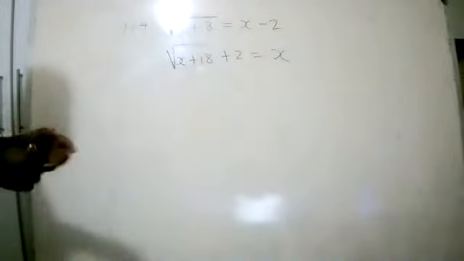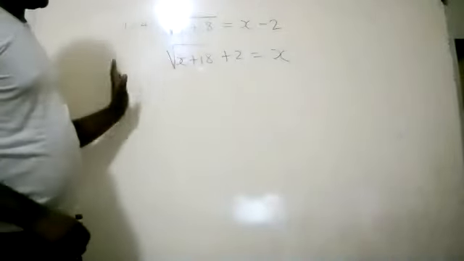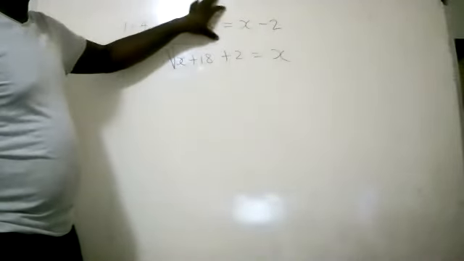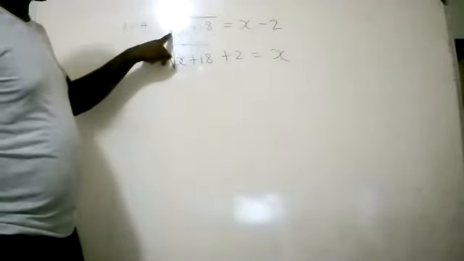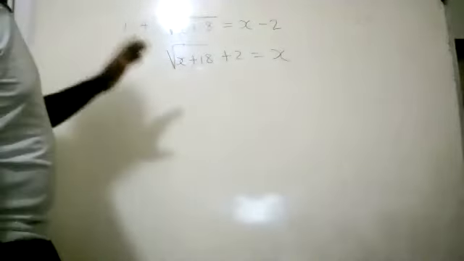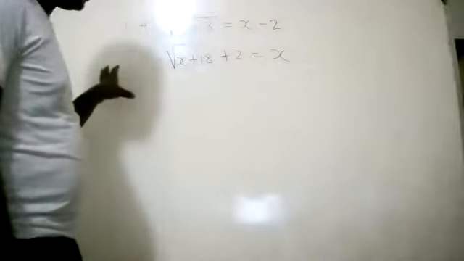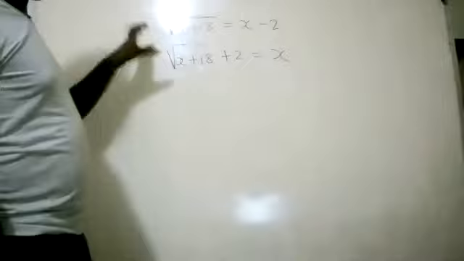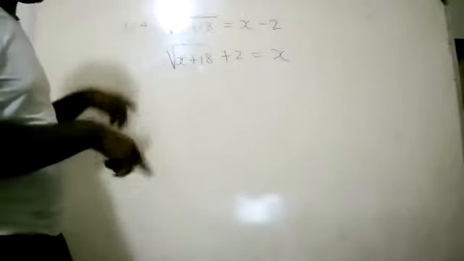The first thing we do is to make sure that on the left-hand side we are only left with the expression under the root. We make sure what is on the left-hand side is in terms of the root only. That's when we can square both sides.